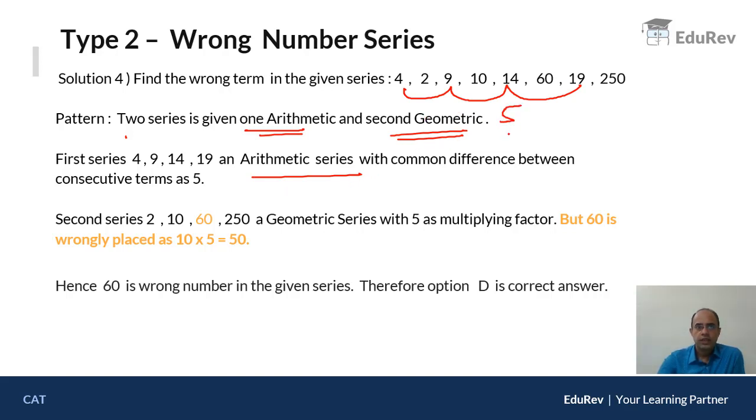And the second is a geometric series 2, 10, which should ideally be 50 and 250. Here it is a geometric series and the multiplying factor is 5. So instead of 60, it should have been 50. Therefore, 60 is wrongly placed. Hence, option D is the correct answer.